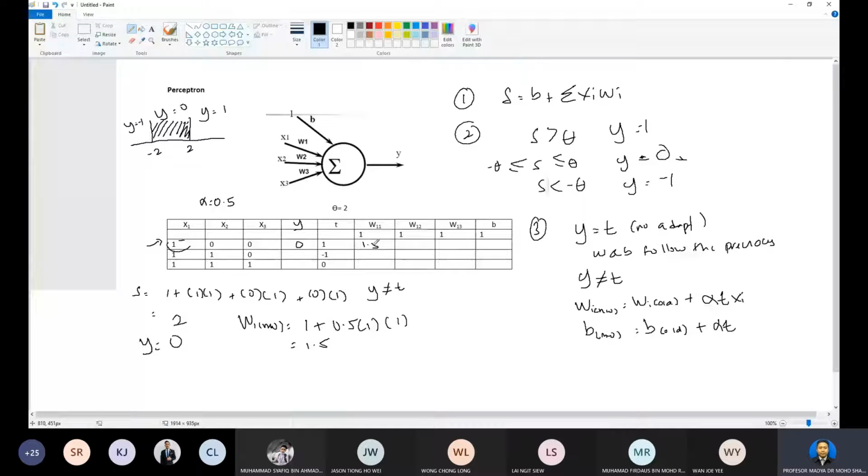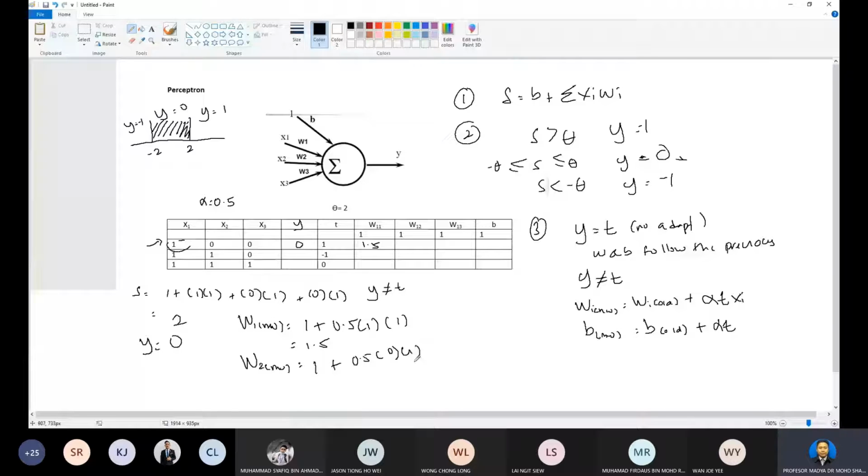Then for weight 2 new: old 1 plus alpha times x2, which is 0, times target 1, so it will be 1.